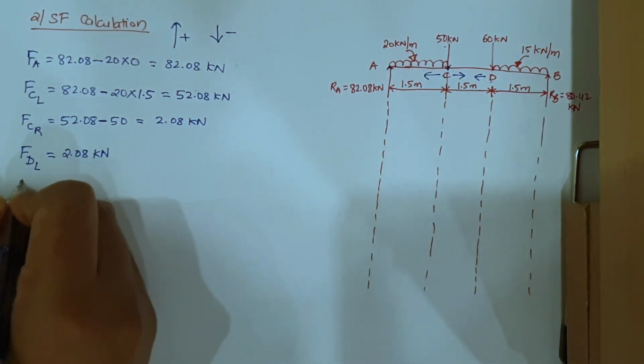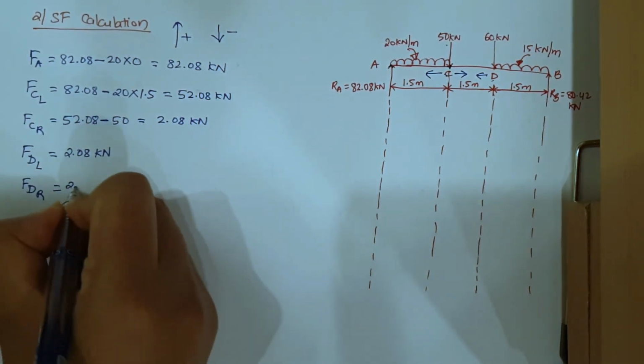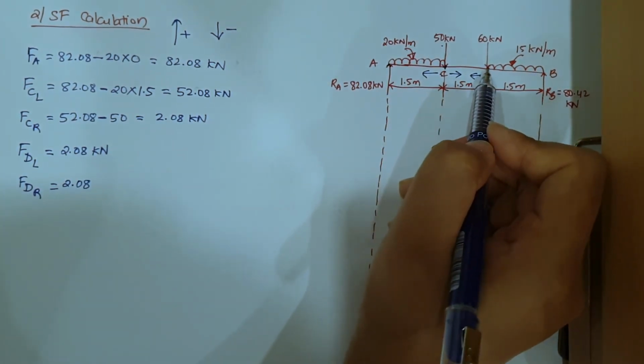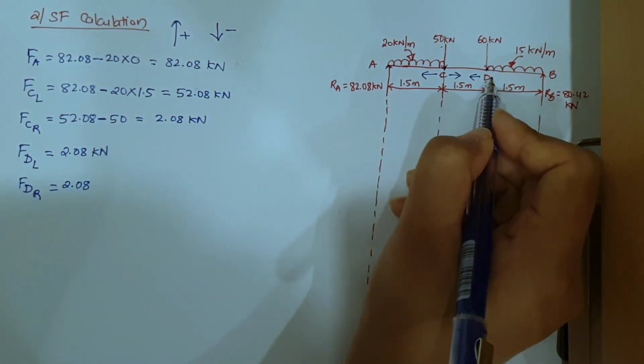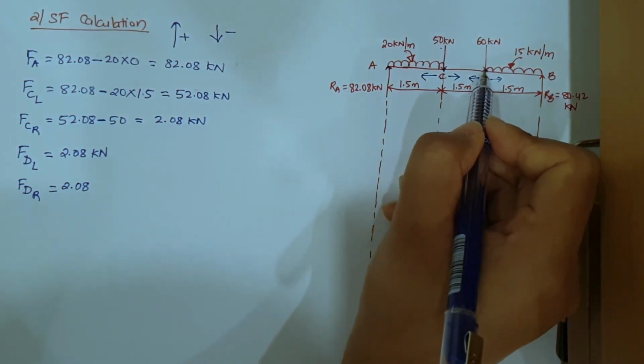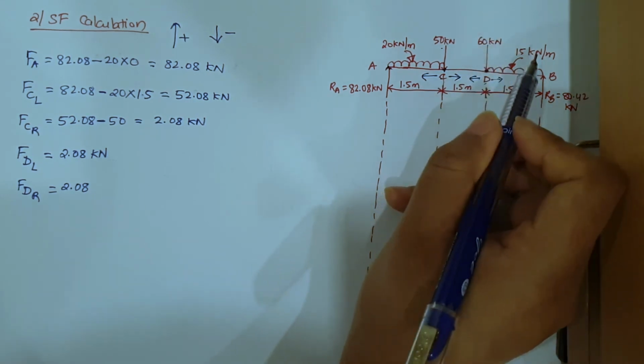Next, let us find force at D right hand side. Last force that we found is 2.08. Now, going to the right hand side of D, at D point exactly a 60 kilonewton load is acting, which we will consider in the right hand side direction.